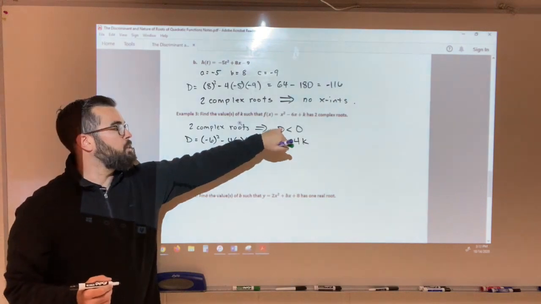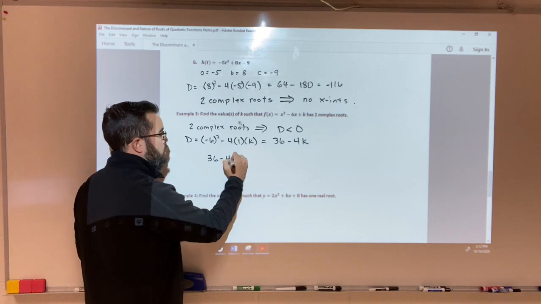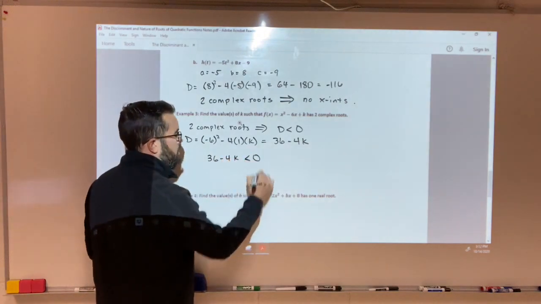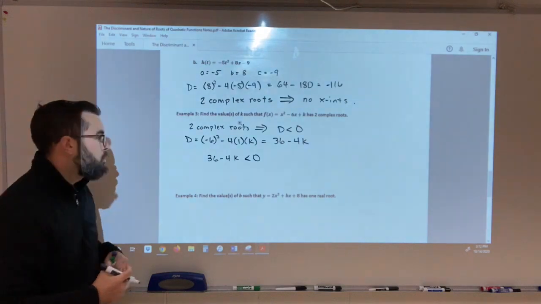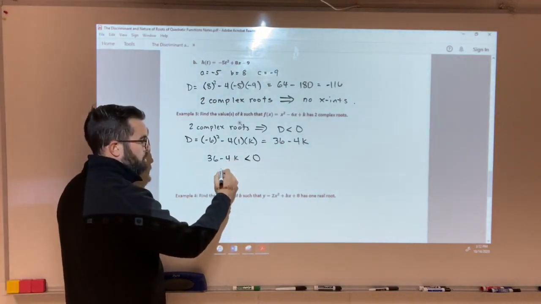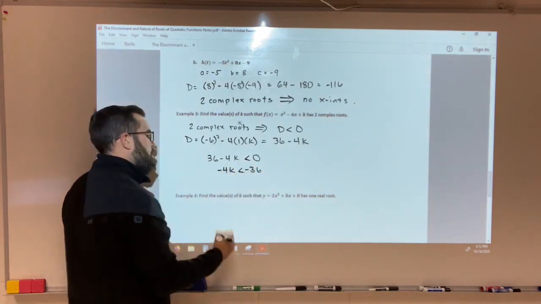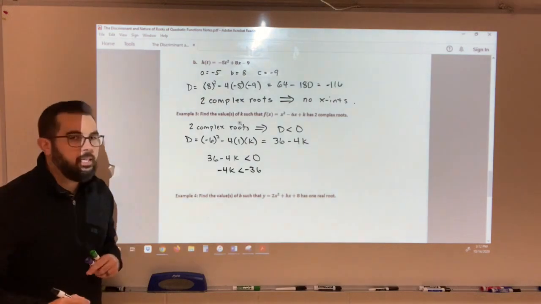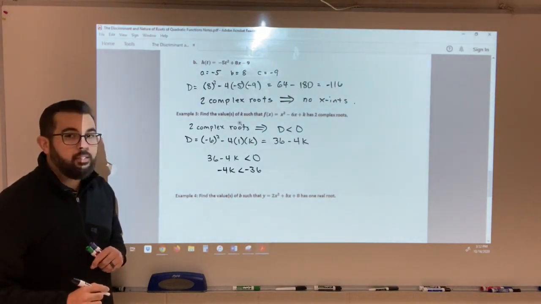So we have up here that the discriminant has to be less than 0, so that means 36 minus 4k has to be less than 0. All right, so we can solve for k here. It's just an inequality, so subtracting 36 from both sides leaves us with -4k less than -36.